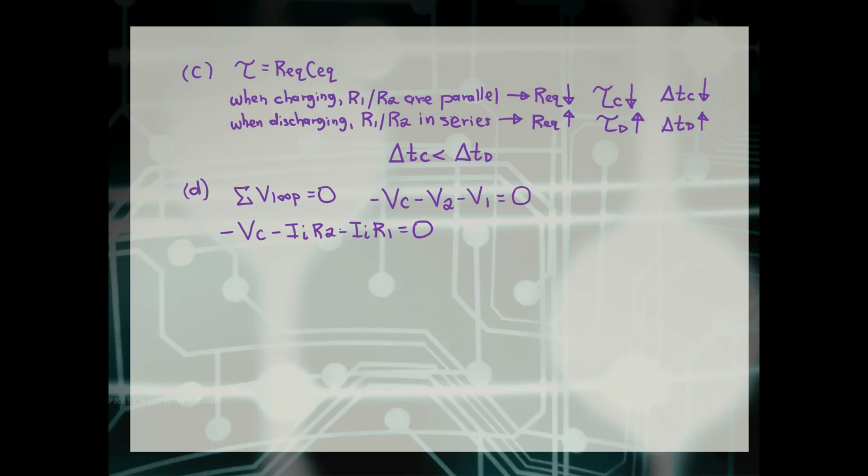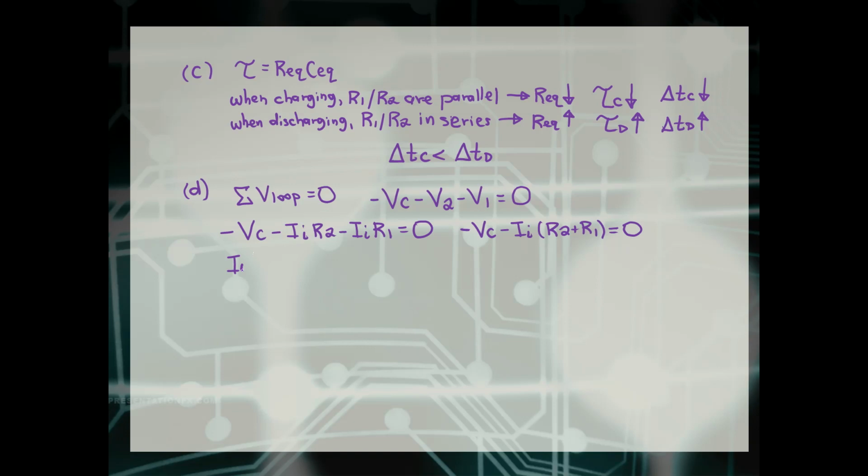Now, what we can do here is factor out that common I little I. So we'd have negative VC, subtract I little I, and then we'd be left with R2 plus R1. That's equal to 0. Okay, so now to get I little I by itself, we just move the VC term over to the other side and divide by what's in brackets.